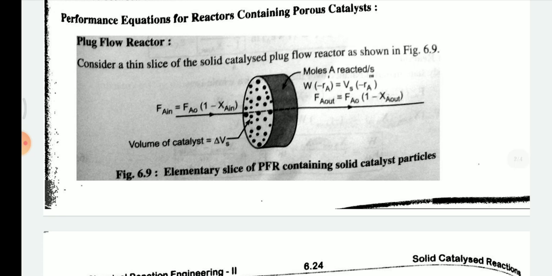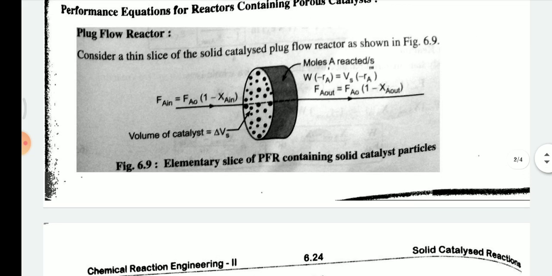Okay, so a plug flow reactor means a reactor which consists of Fa in, where the molar flow is Fa0 into 1 minus Xa in, similar to the surface of the catalyst, that is moles of A reacted, the moles reacting on the surface of the catalyst. Then W into minus RA dash is equal to Vs into minus RA double dash.